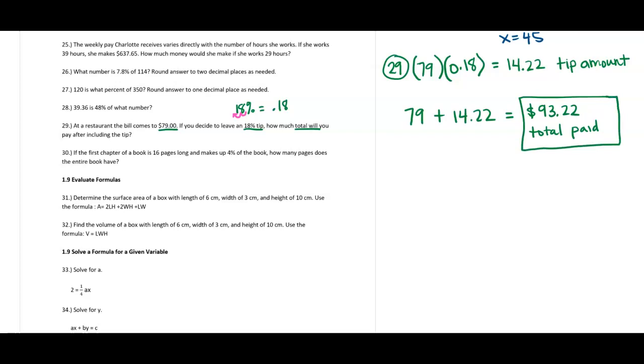We did talk about another way that you could do it, and it kind of saves so you don't have to add that back in. And it doesn't matter to me which way you do it. But remember, you could just do it in a different color here. If you did 79 times 1.18, right, instead of it being 0.18, but if you multiplied it by 1, well, think about if I take 1 and multiply it by 79, that's the 79.